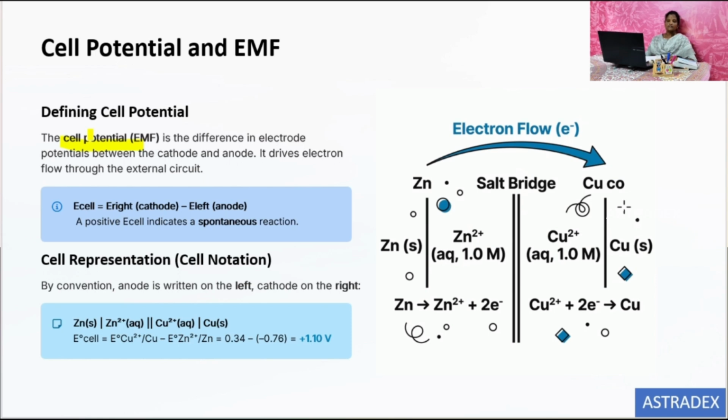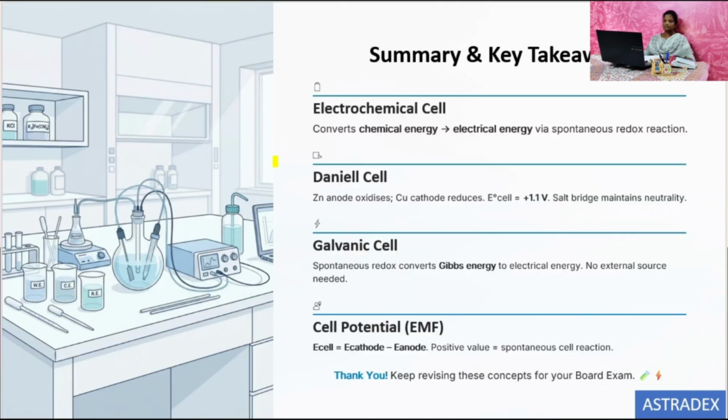Please remember that cell potential is different from electrode potential. If I take two beakers, oxidation will have some electrode potential and reduction will have its own electrode potential. The difference between the two is the cell potential.